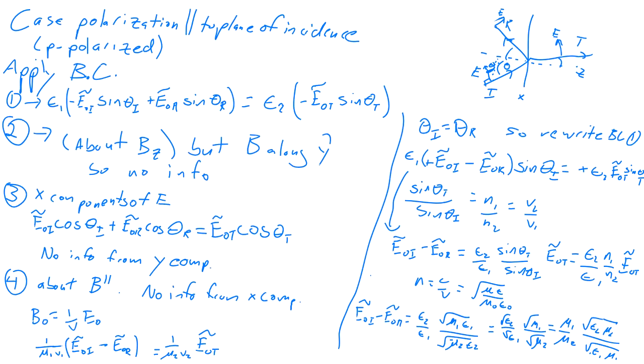Give me 1 second. I can't see that. Comment was, where did the factor of mu1, mu2 come from? So that is already there right here.